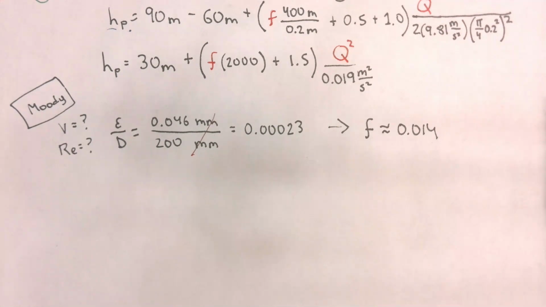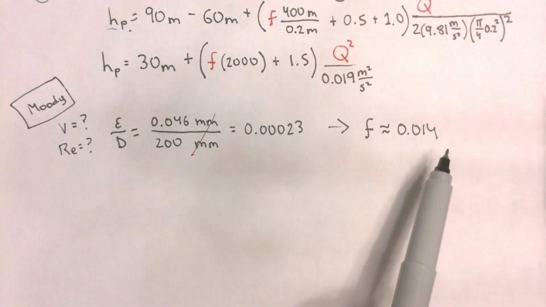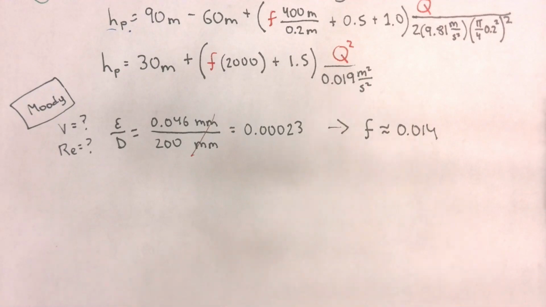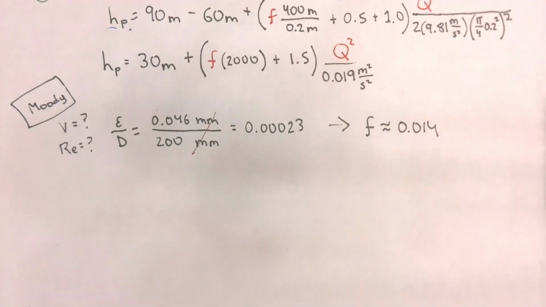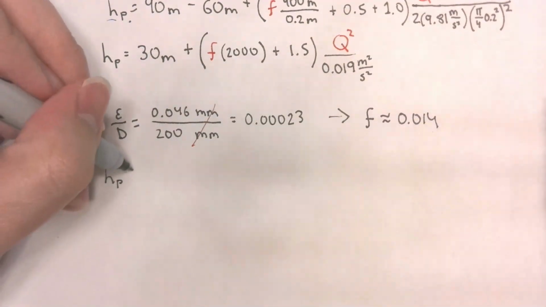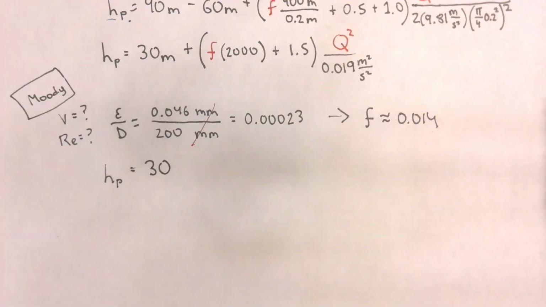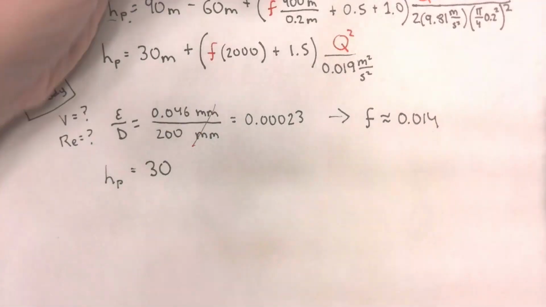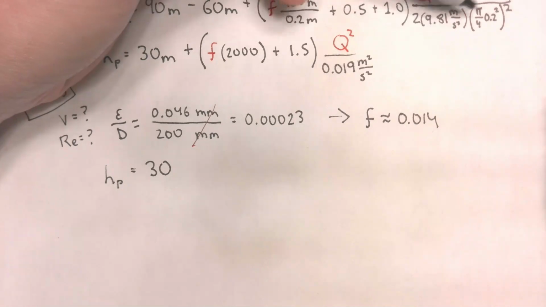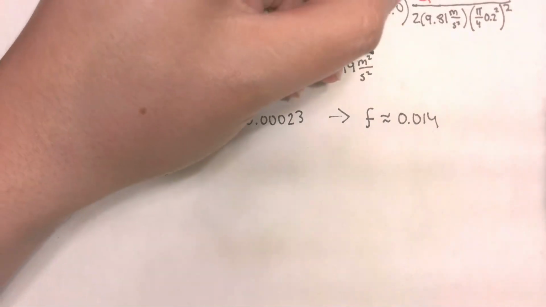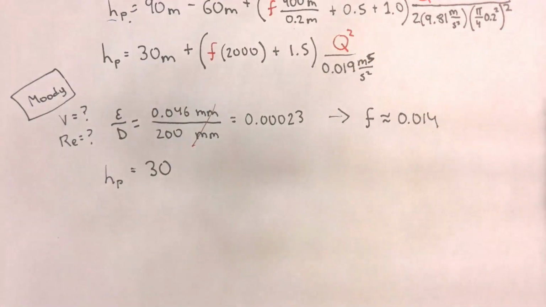Because I'm assuming fully turbulent flow, this friction factor will remain constant. It won't change with the flow rate. What that means is that my pump head for the system should be equal to 30. Oh, this is actually wrong. This is meters times meters squared. So that should be meters to the 5th, I think. There we go.